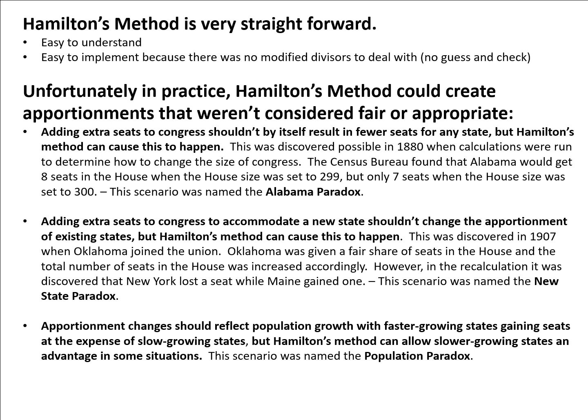For instance, adding extra seats to Congress shouldn't by itself result in fewer seats for any state. But unfortunately, Hamilton's method could occasionally cause this to happen. It was discovered in 1880 when calculations were run to determine how to change the size of Congress, and the Census Bureau found that Alabama would get 8 seats in the House when the House size was 299, but only 7 seats when the House size was set to 300.